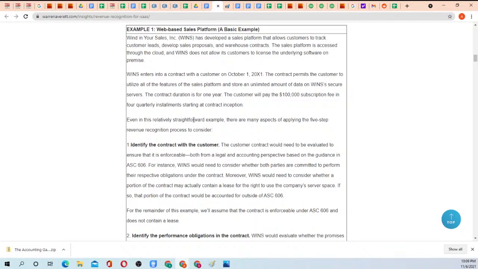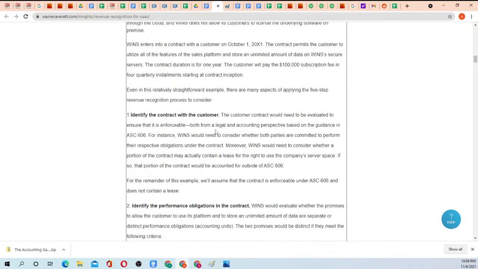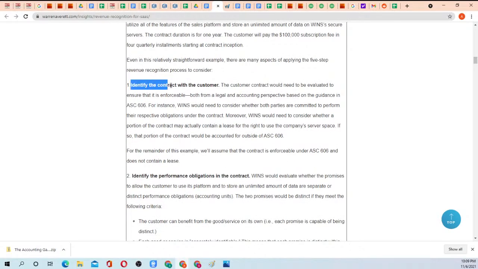Even in this relatively straightforward example, there are many aspects in applying the 5-step revenue recognition process. Identify the contract with the customer. The customer contract would need to be evaluated to ensure that it is enforceable from both a legal and accounting perspective based on the guidance in ASC 606.